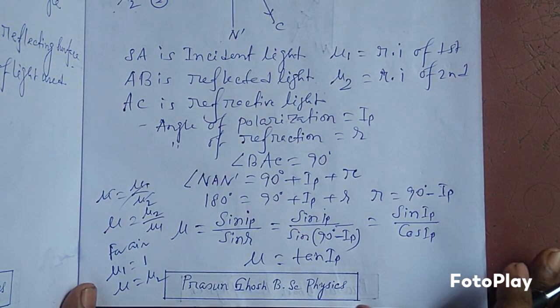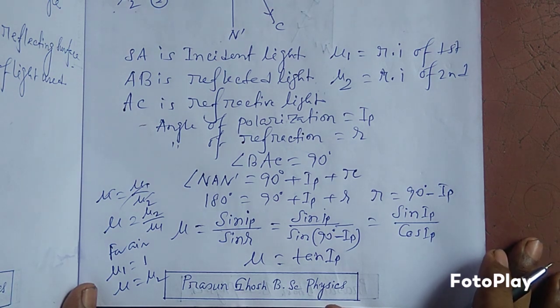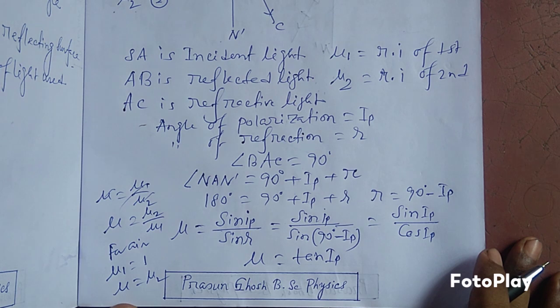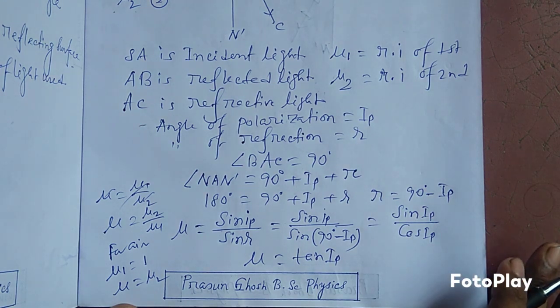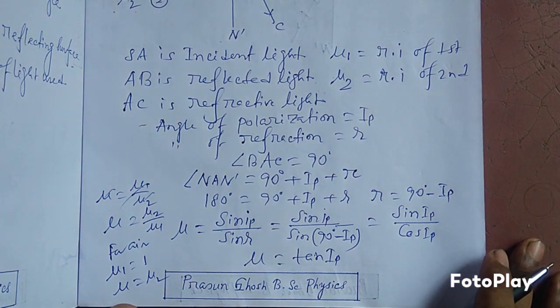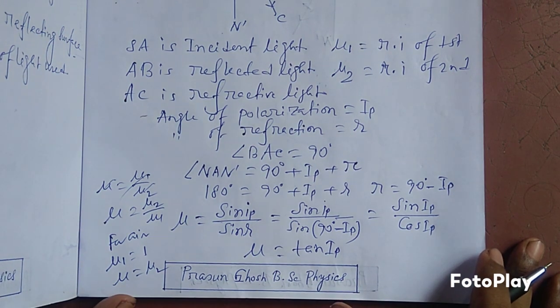First we have to draw a diagram, and with the help of the diagram we can easily calculate the Brewster law proof. We have to remember that the refractive index for air is 1, and for any other medium it is greater than 1. We know refractive index is always greater than 1. So this is the theory of Brewster's law.